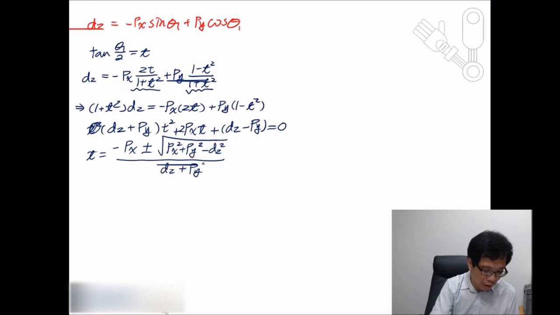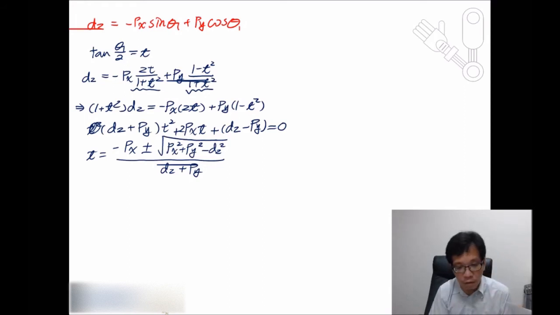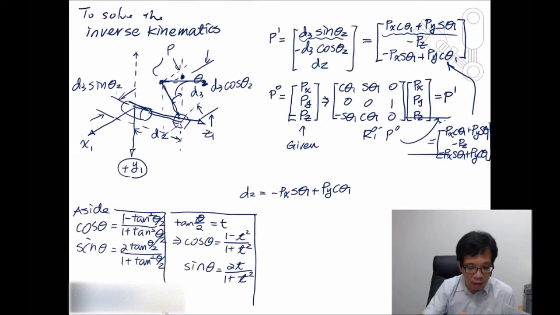Once t is solved, what can we do? Go back to the previous slide. Once t is solved, we got tangent theta over 2, and if t is derived, we should be able to find out cosine theta and sine theta.